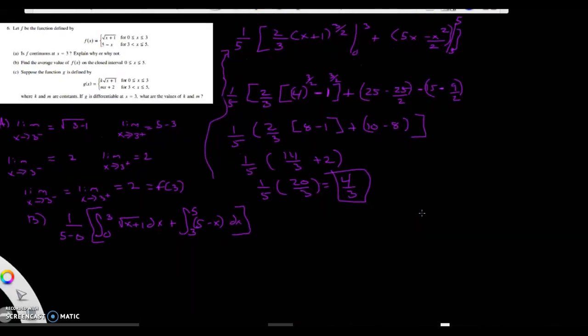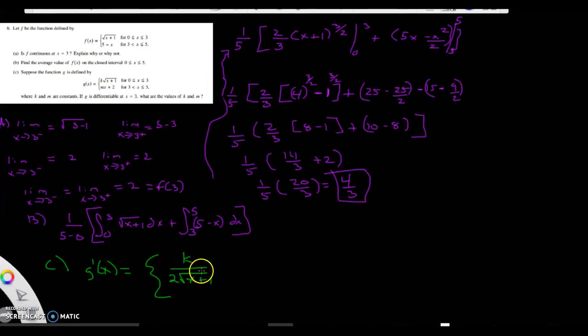So let's change colors. For part C, we have to take the derivative. g prime of x is going to equal piecewise k over 2 root x plus 1.